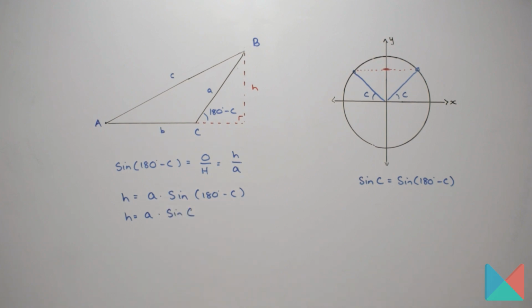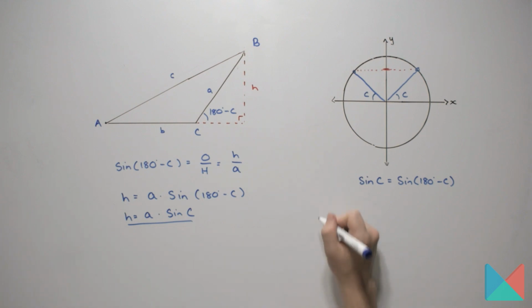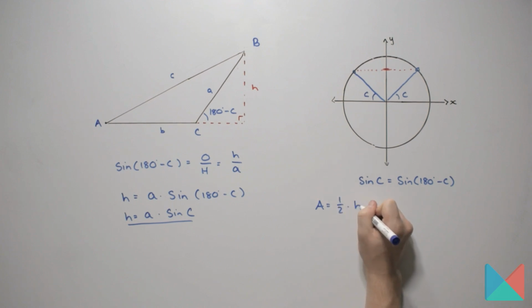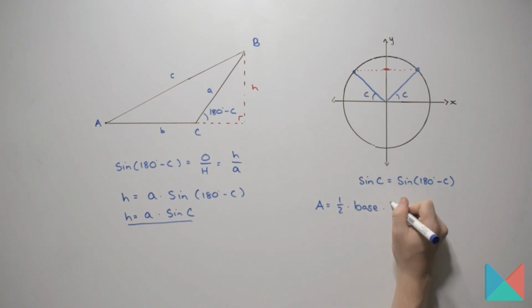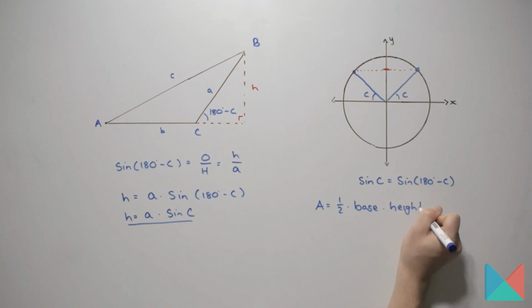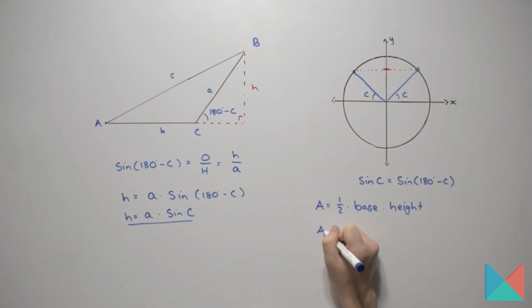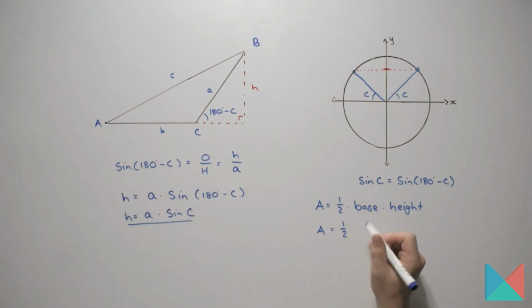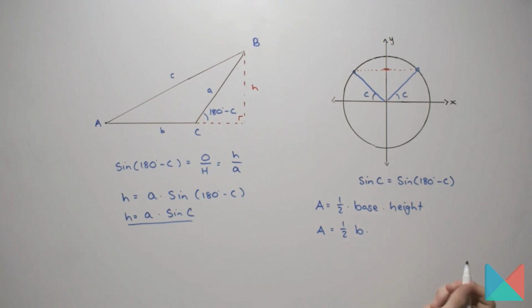And now we can use our half base times height formula for the area of a triangle. So the area of a triangle equals half the base times the height. And so considering our triangle here, we have half the base, which is going to be our side B, times our height.